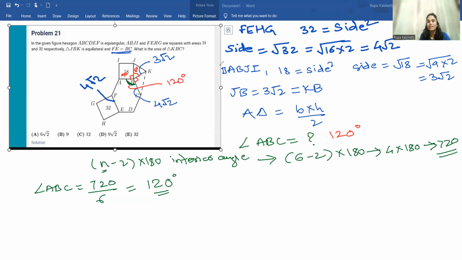Now that we know that angle is 120 degrees, how will you find this angle? We need to find that it's 90 degrees. So let's see, all the angles together around this point should be 360.